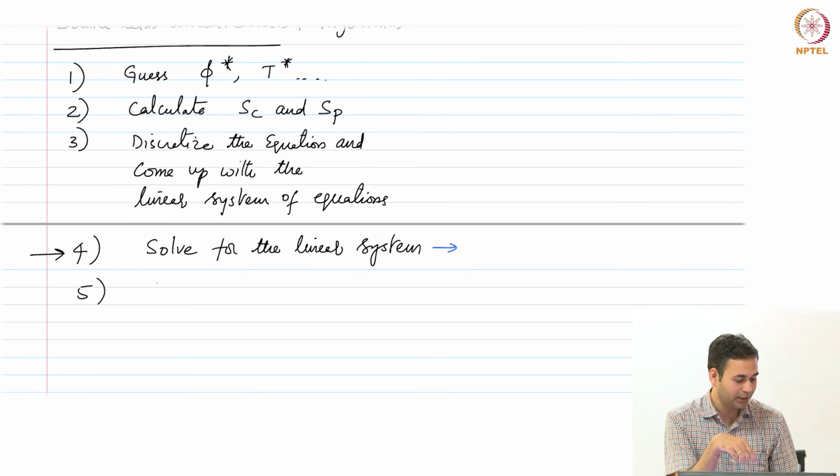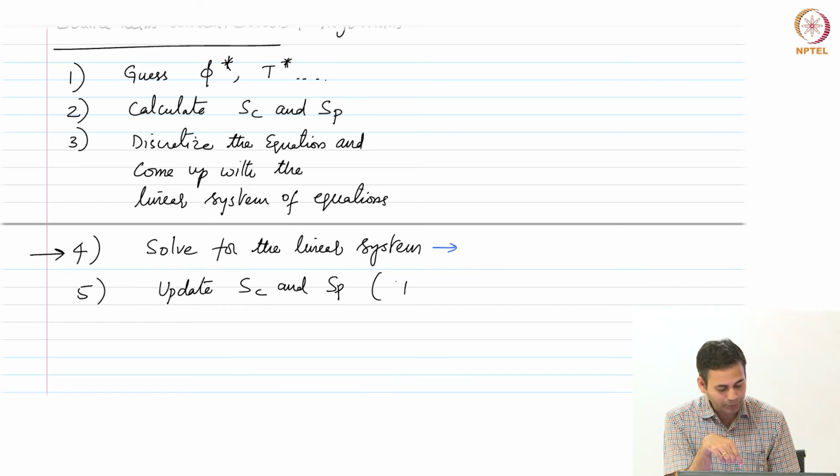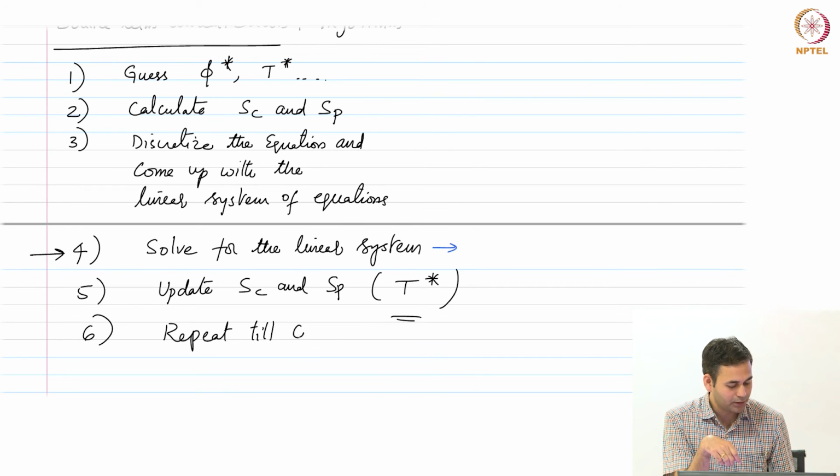So here I update SC and SP, because these are now functions of temperature, and the temperatures just got updated in step 4. So I will go here and repeat till convergence.